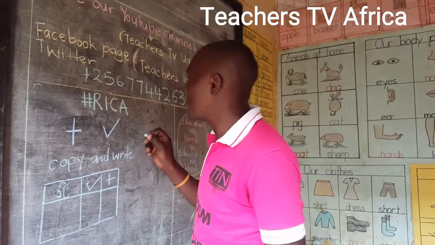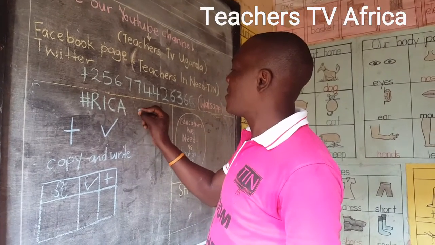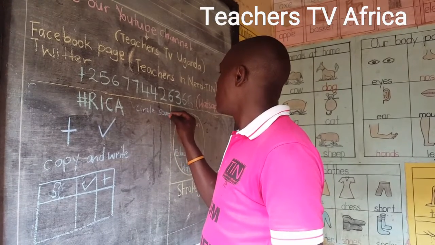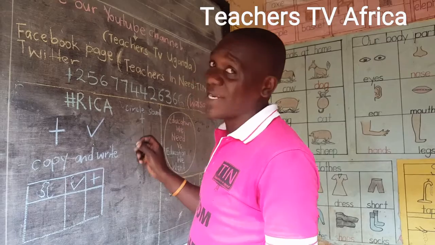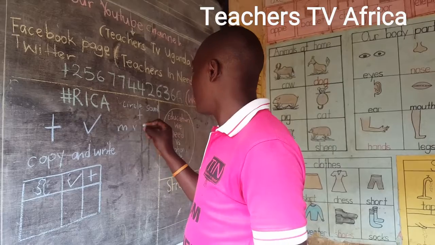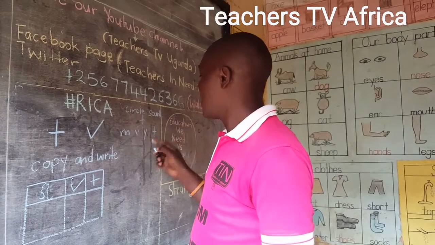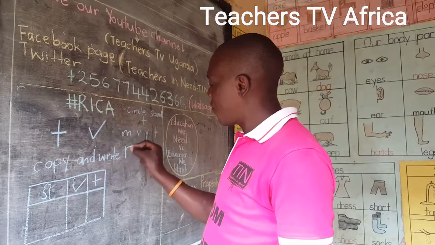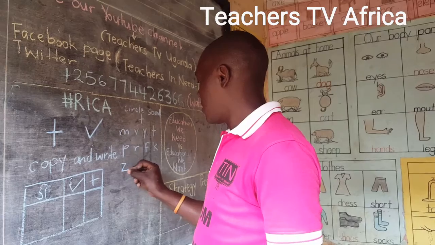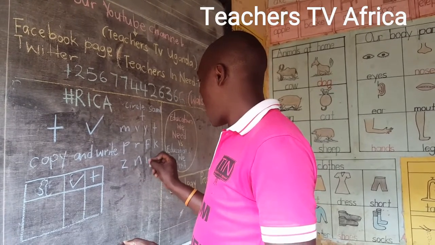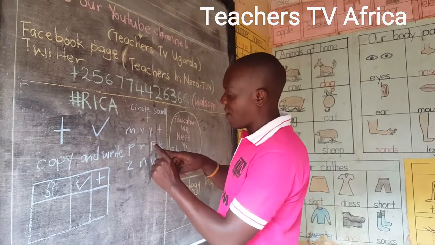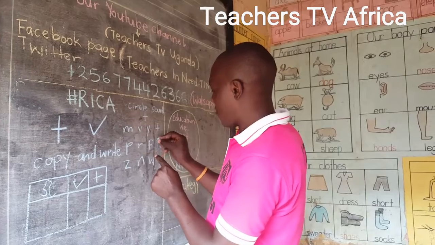Now the other activity can be circle sound T, whereby we write a number of sounds like M, or sound E, then Z, N, and then O. Then, sorry, here we didn't put any T. Where can we put it?